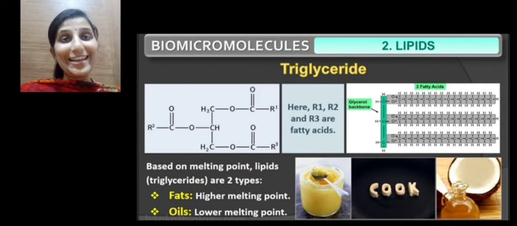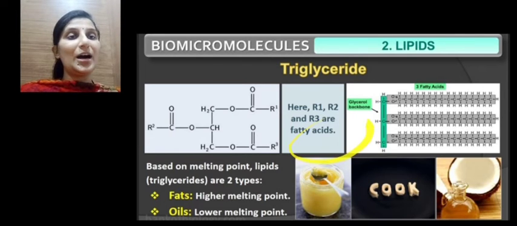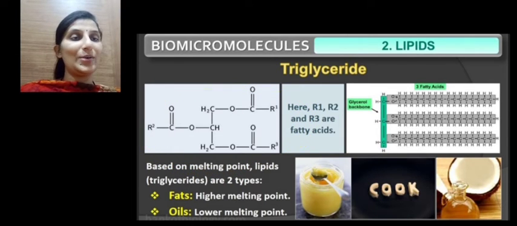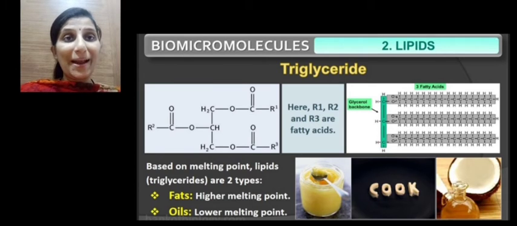Now what is a triglyceride? It is glycerol attached to three fatty acids. Here R1, R2, R3 are the three fatty acids attached to glycerol. Such a structure is called a triglyceride, and based on the melting point, triglycerides are of two types: fats or oils.